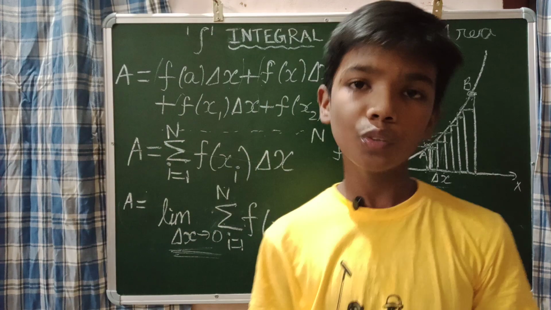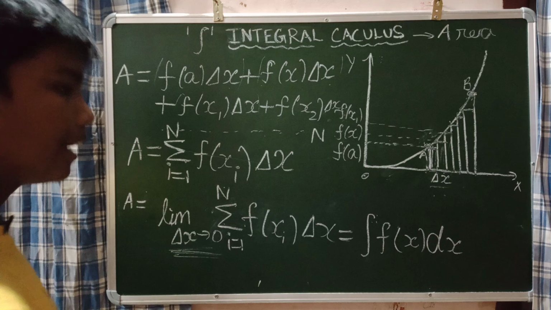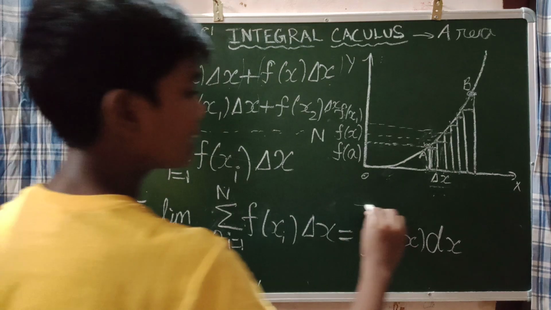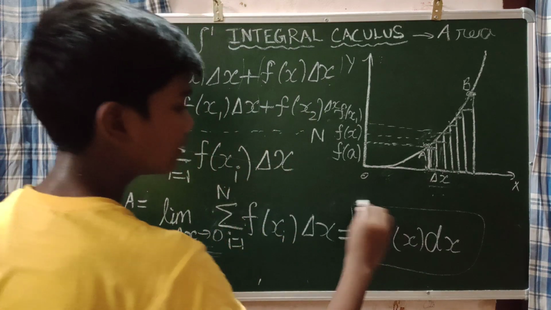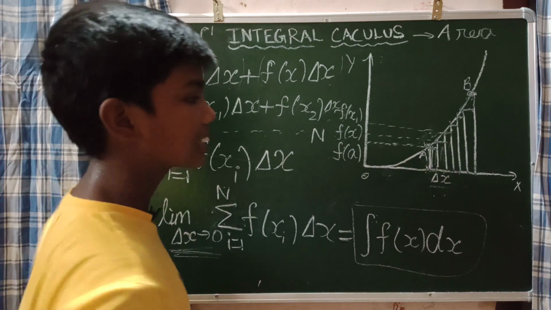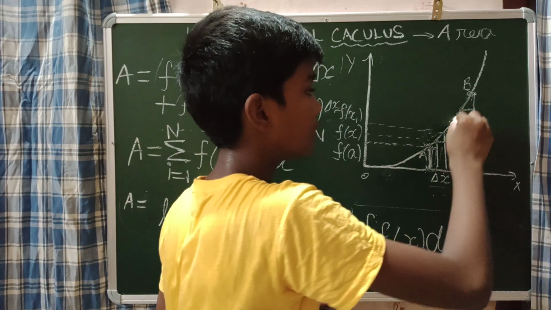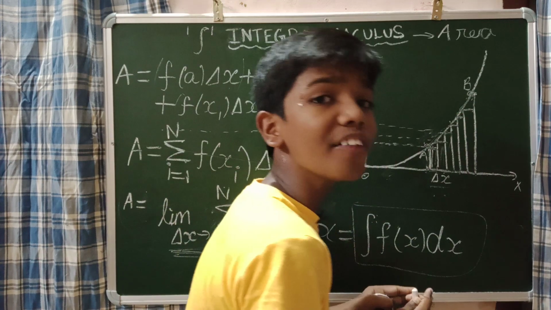Now in differential calculus we have learned that. Now this is called integral calculus. This f of x dx will give the area of this strip. The total area of this curve will be given by this f of x dx.